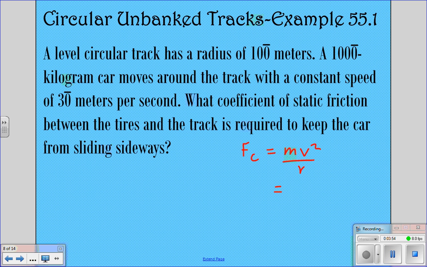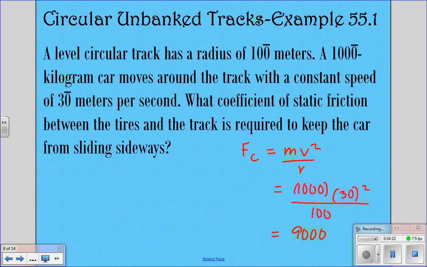So our mass is 1,000. Our velocity is 30. And our radius is 100. And so if you multiply this out, you end up getting 9,000. Okay, so that is our centripetal force.